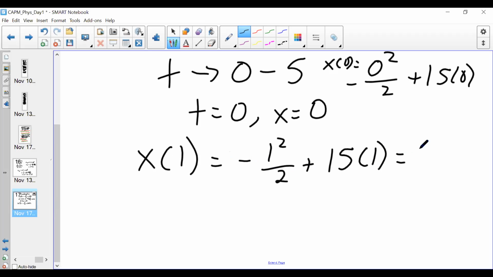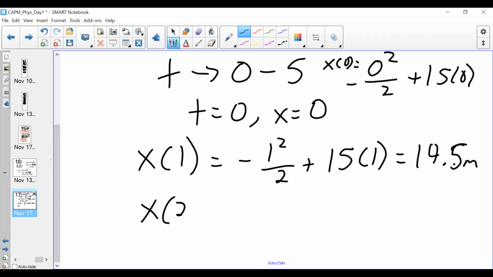You do that little math there, you're going to get 14.5. Let's call it 14.5 meters, because our conventional unit of position and distance or displacement is the meter. And then we can get all different forms of meters, decimeters, and all that stuff if we want to, whenever. So the position is 14.5.